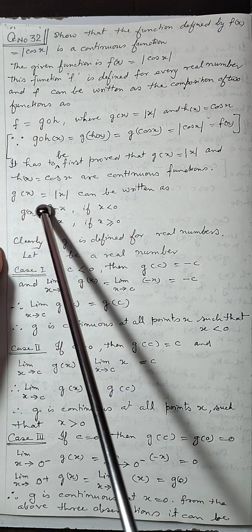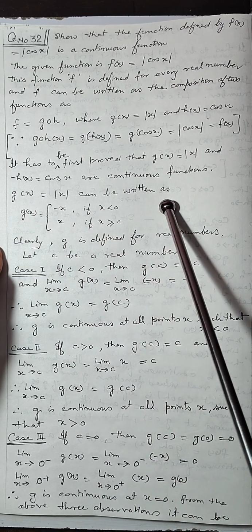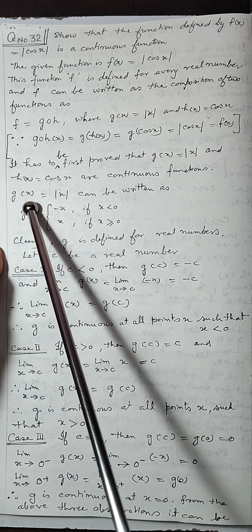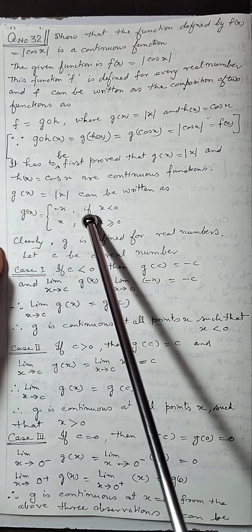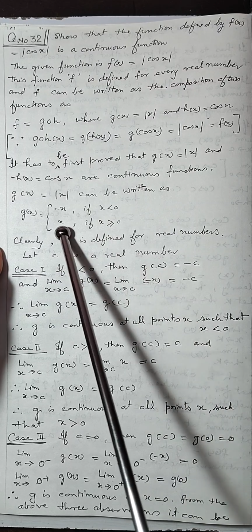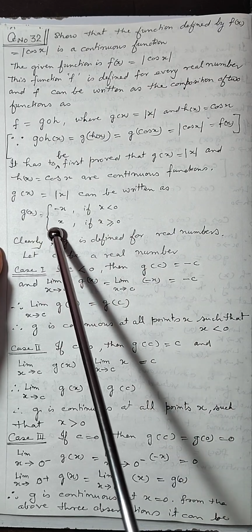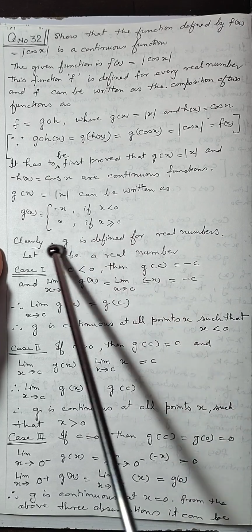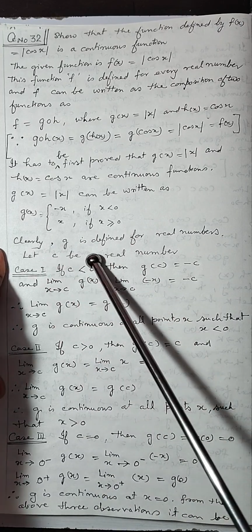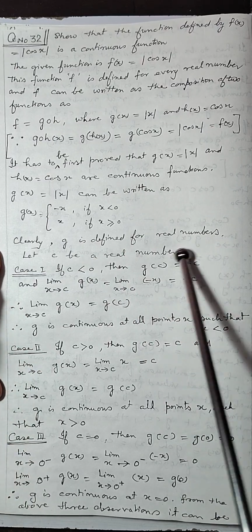The function g(x) = |x| can be written as g(x) = -x if x < 0, and g(x) = x if x ≥ 0. Clearly, g is defined for every real number.